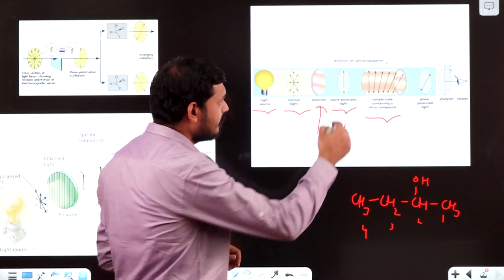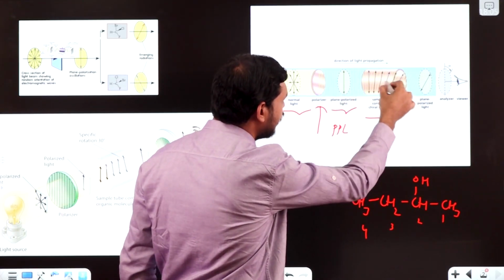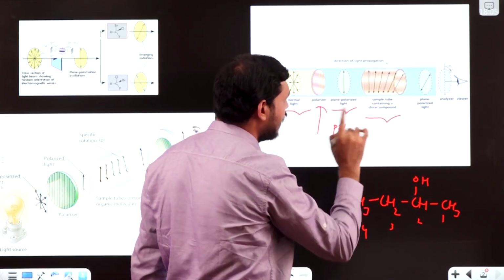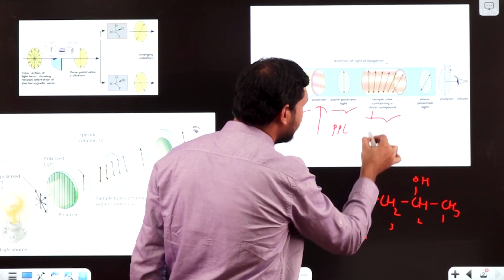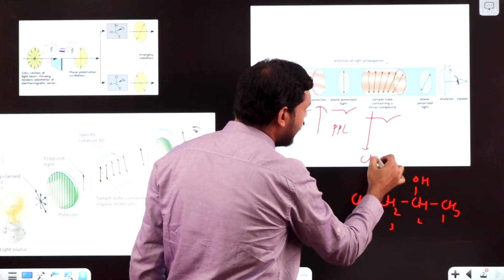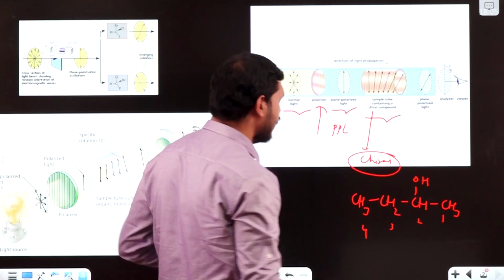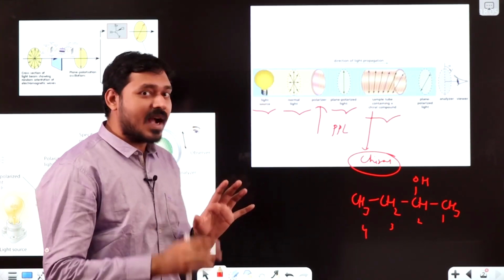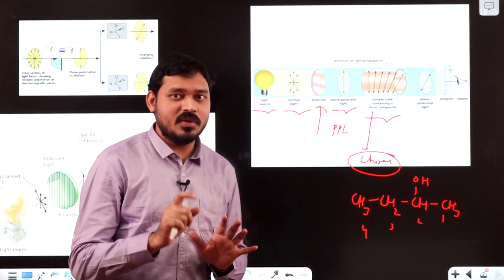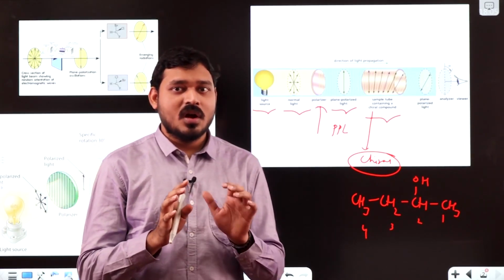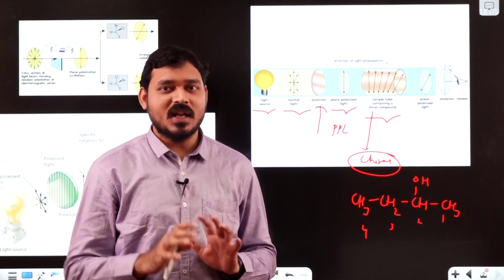So you can see here, when PPL is passed through the sample tube containing a chiral compound. Now here one word is used, chiral. We will discuss it in detail. Now what is this chiral? Chiral means unsymmetrical. Now you have to understand why the compound shows optical activity.